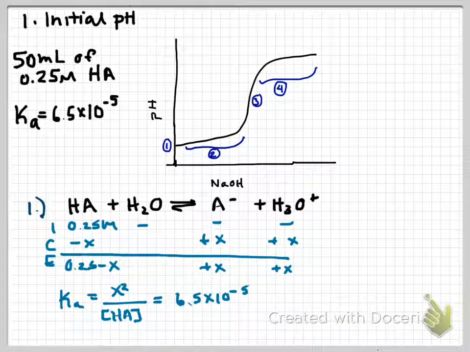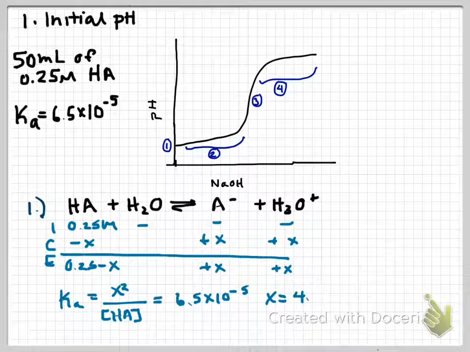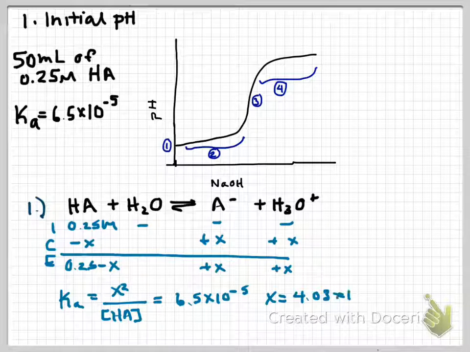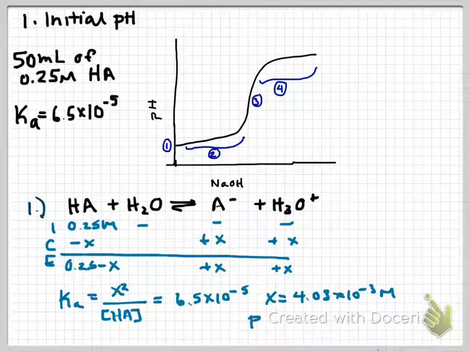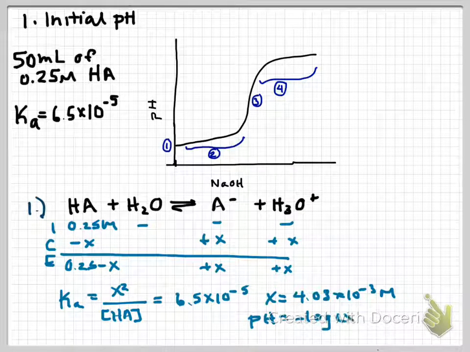When we solve this, we get X equals 4.03 times 10 to the minus 3 molar. pH equals the negative log of X, and the pH is 2.39.